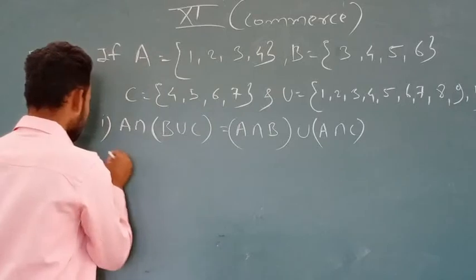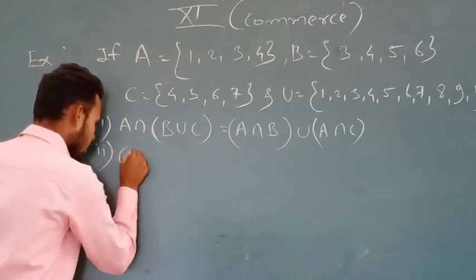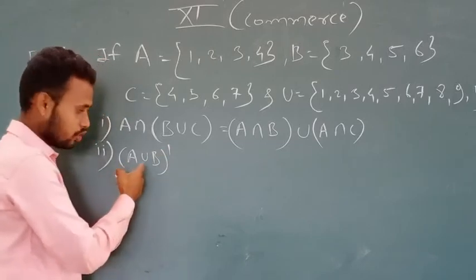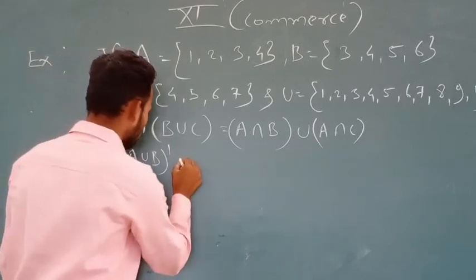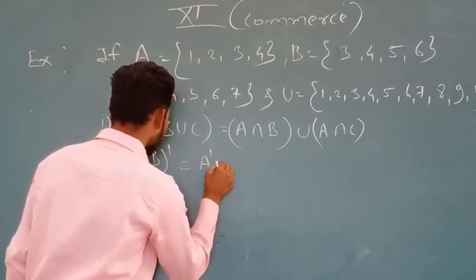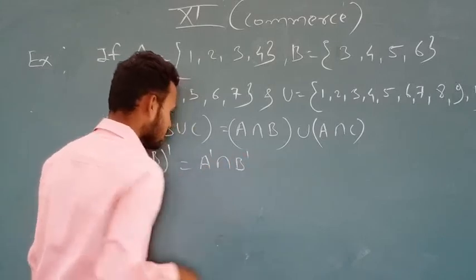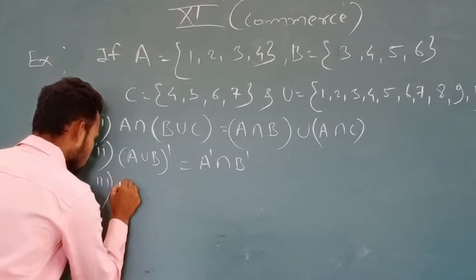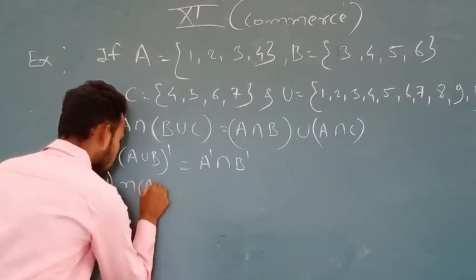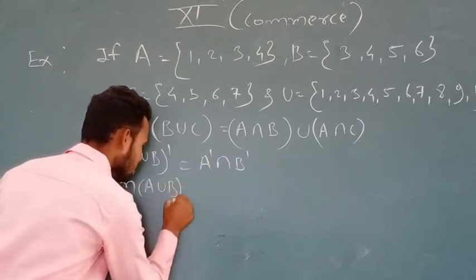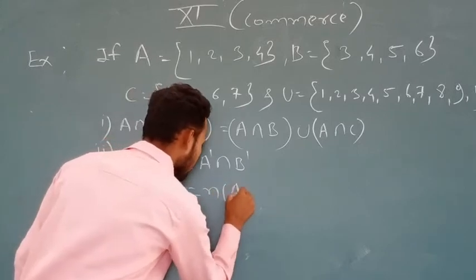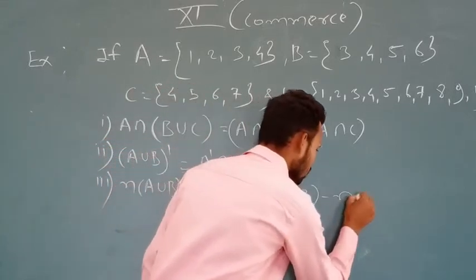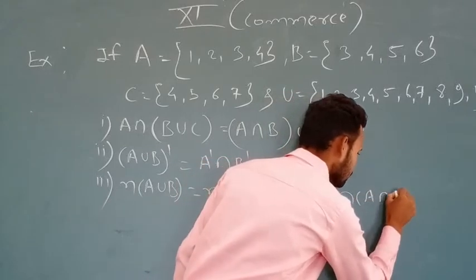This is one property. Second, (A union B) complement equals A complement intersection B complement. And third, n(A union B) equals n(A) plus n(B) minus n(A intersection B).